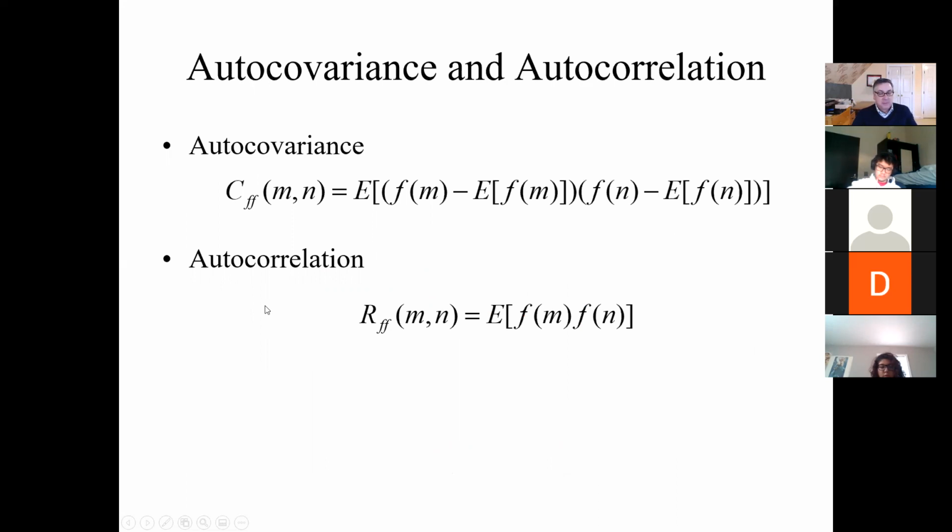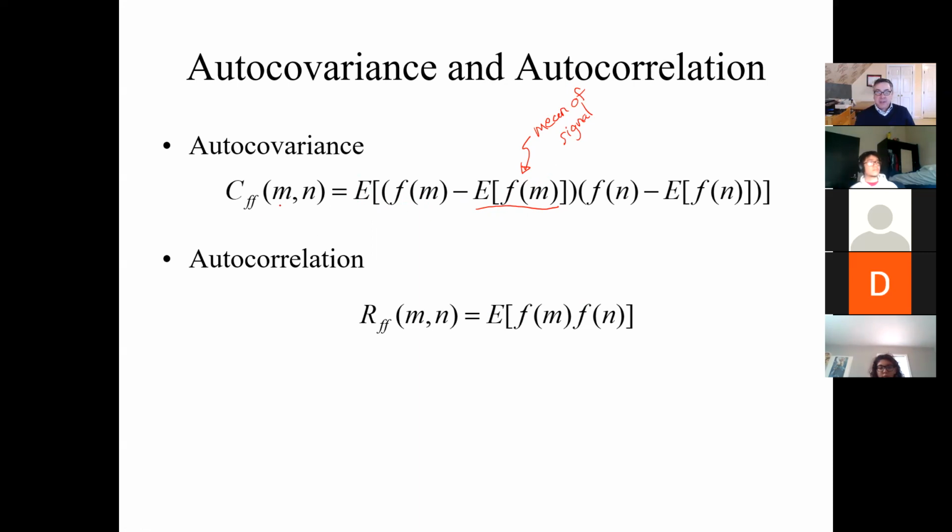And actually, let me annotate that a bit. The expected value of F sub m would be the mean, and then we just subtract the mean and take the expected value of that.